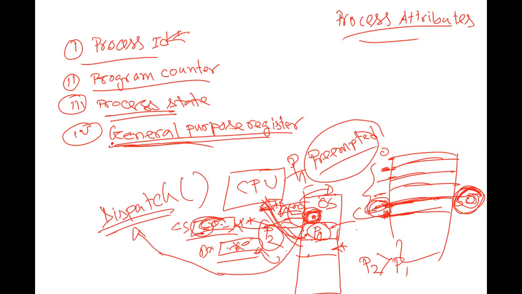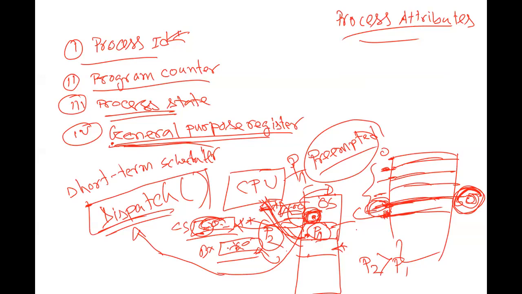This function loads the saved values from RAM into the registers. The short-term scheduler schedules the process from RAM to CPU, and when it is scheduled, the dispatch function is also called by the OS to check whether there is any saved data for this particular process.